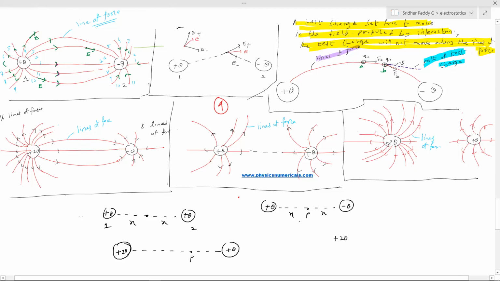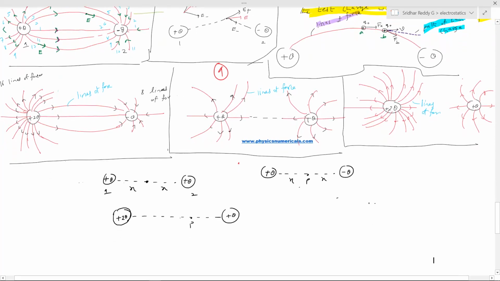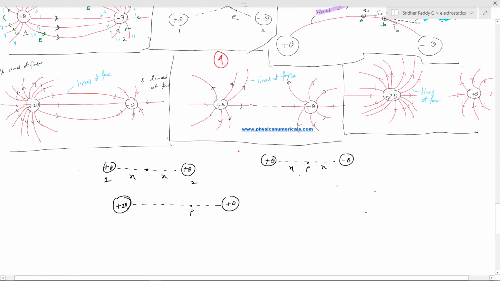Similarly, plus 2q charge, let me draw a little bit below. This is a very fundamental thing which a student must know. Plus 2q charge, minus q charge.